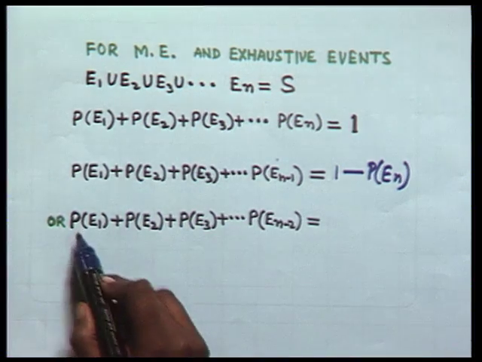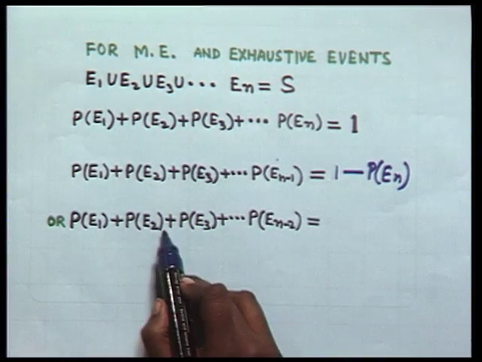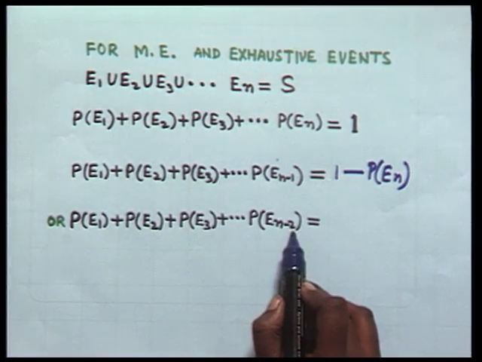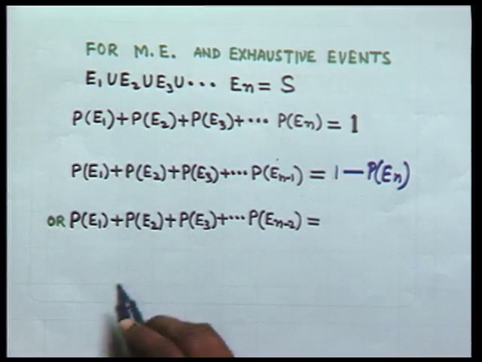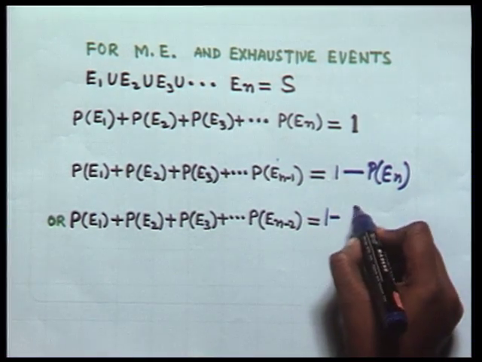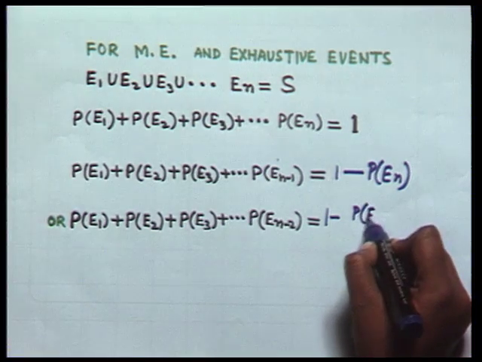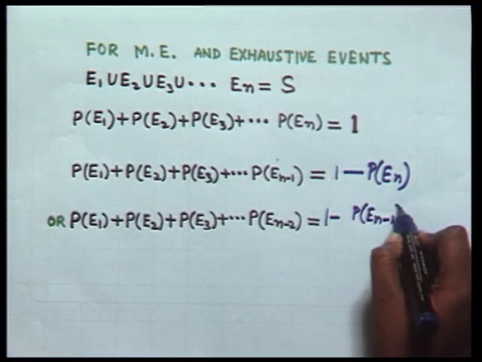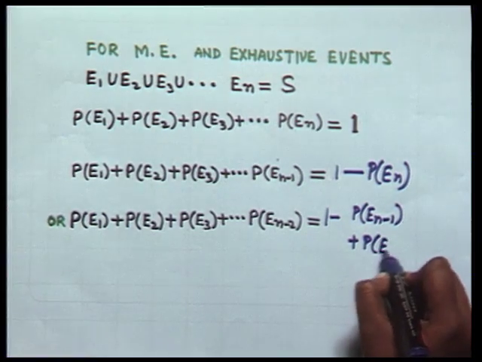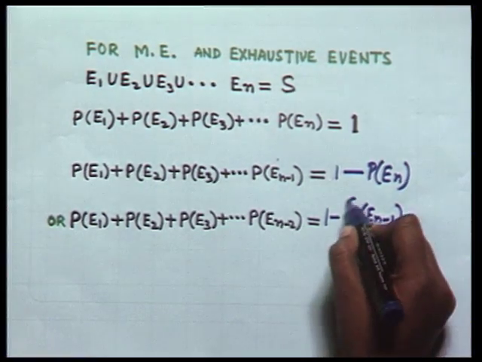Or, probability of E1 plus probability of E2 plus probability of E3 and so on plus probability of E(n minus 2) will be equal to 1 minus probability of E(n minus 1) plus probability of En.